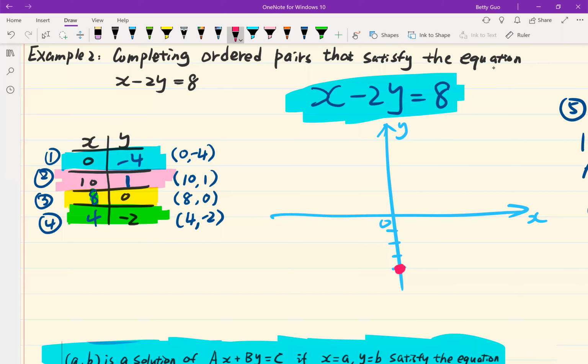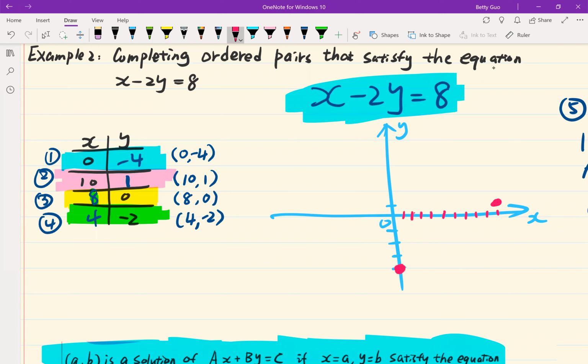Okay, this point. 10, 1. 10 units to the right. 1, 2, 3, 4, 5, 6, 7, 8, 9, 10. And 1 unit above. So this point is 10, 1.